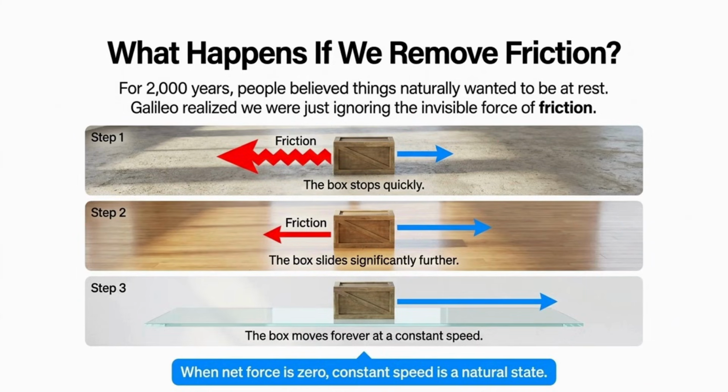So this means an object doesn't require a continuous force to keep moving with constant velocity. This idea is the basis of Newton's first law. It is an illustration to understand friction, and this friction gives some idea of Newton's first law.